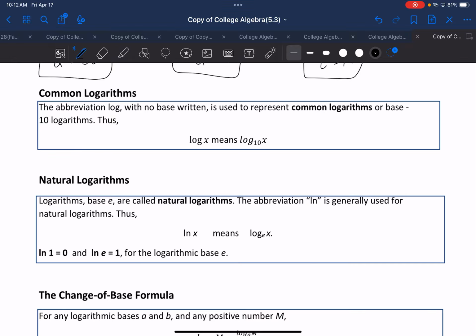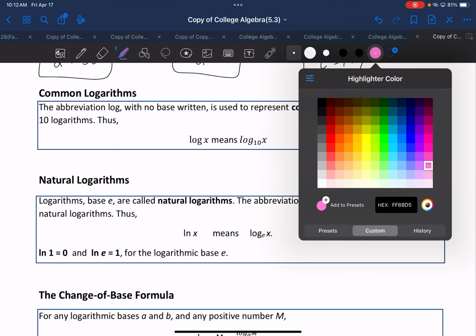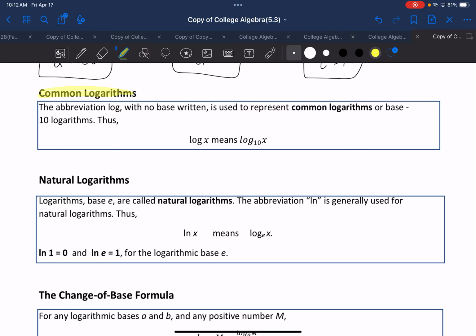Before we had calculators, mathematicians had to mainly rely on these common logarithms. A common logarithm is whenever the base is equal to 10.